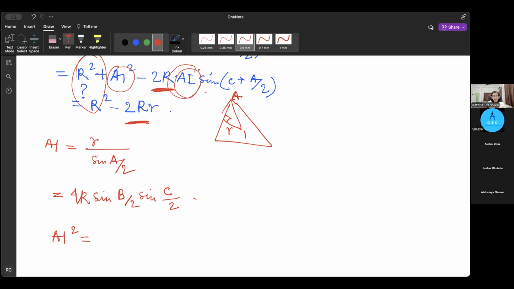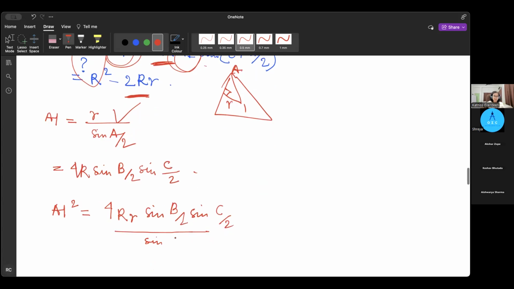So in this AI, we are going to replace this formula, and for this AI squared, we are going to multiply both the formulae together. So what do we get? It is 4Rr sine B by 2 sine C by 2 by sine A by 2. Okay.